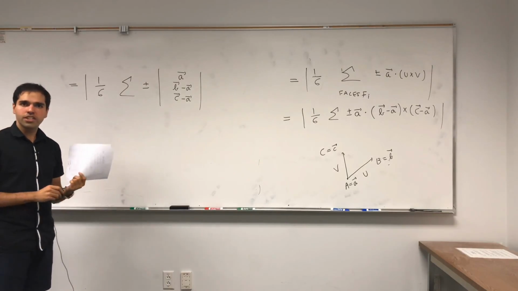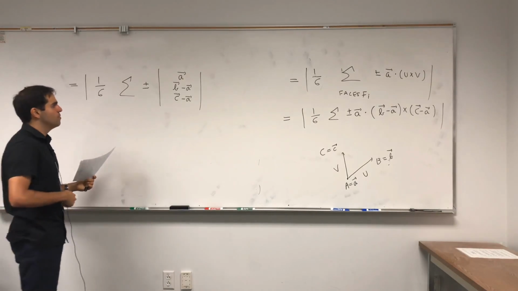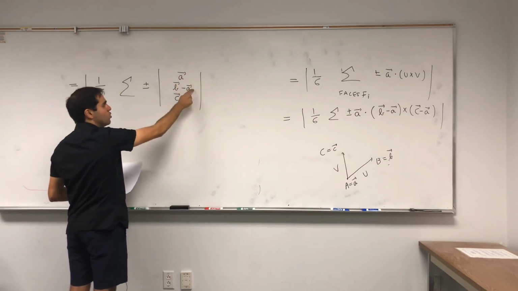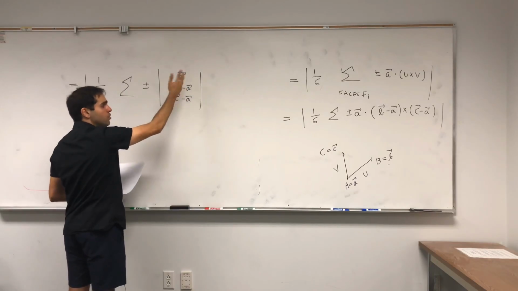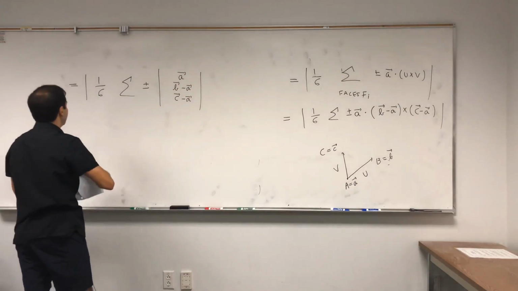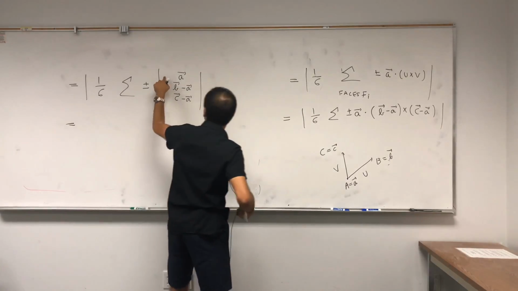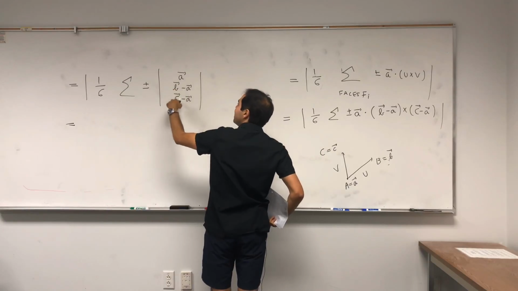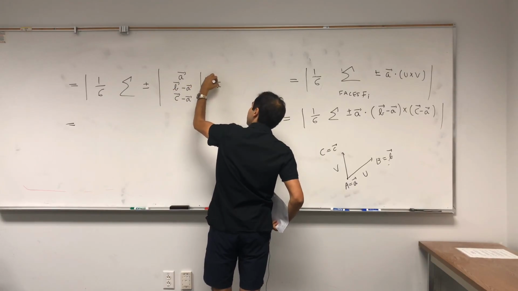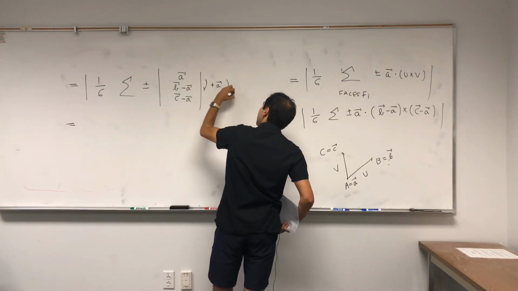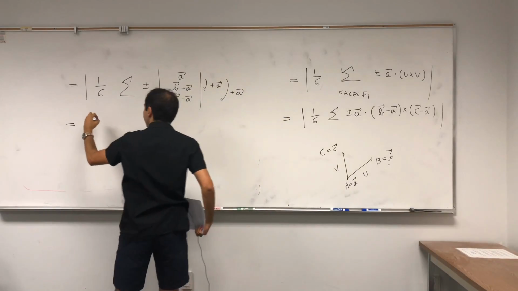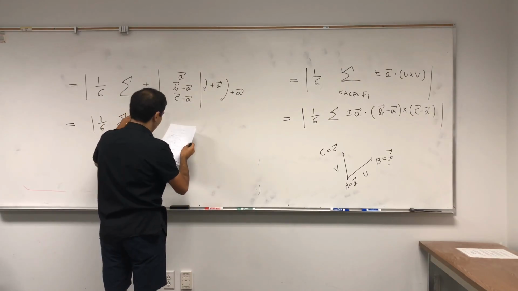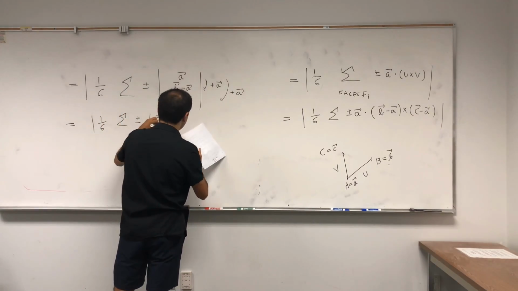Remember, row reduction most of the time doesn't affect the determinant. In particular, if you add A to every row, then the determinant is the same. So add A here, add A here, add A here, and you get 1/6 times the sum of the faces of plus or minus the determinant of A, B, C.